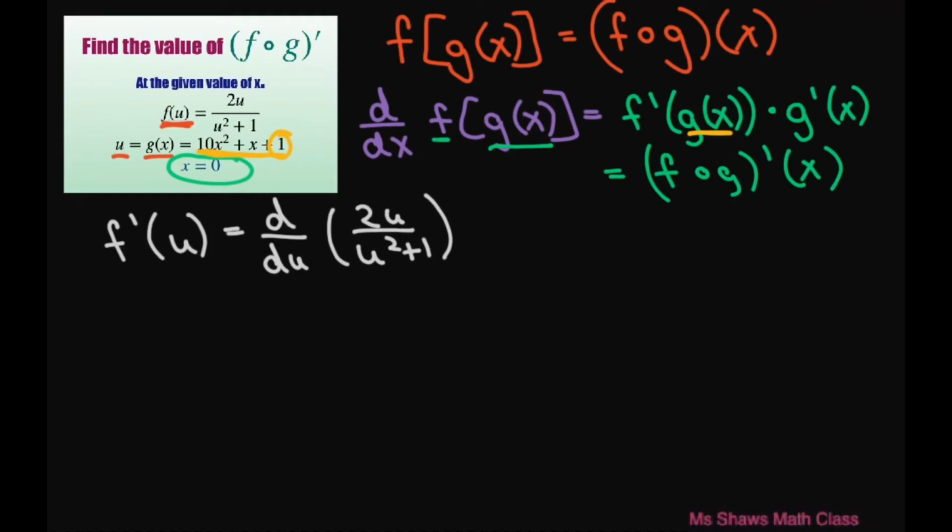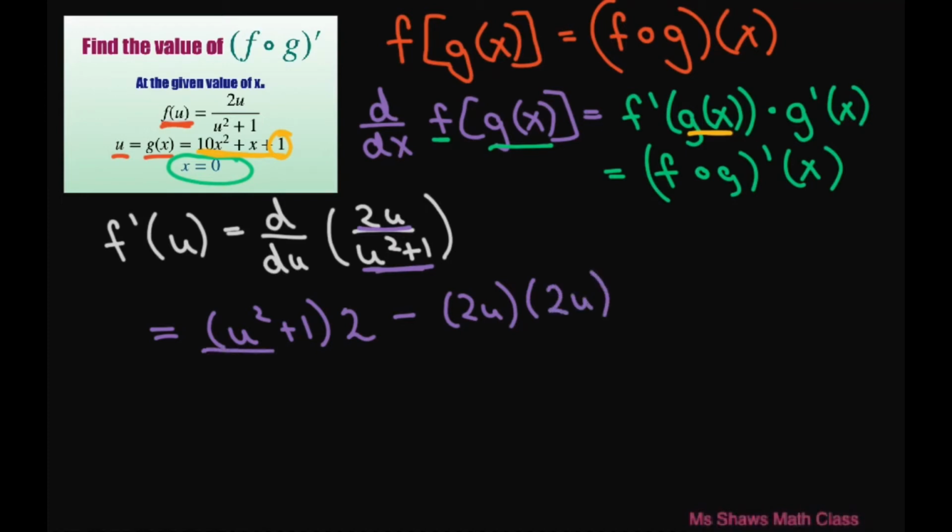Using your quotient rule, we're going to copy down the denominator, which is u squared plus 1, times the derivative of the numerator. The derivative of the numerator is just 2. Then you subtract, you copy down your numerator times the derivative of your denominator, which is 2u, all divided by u squared plus 1, so your denominator gets squared there.